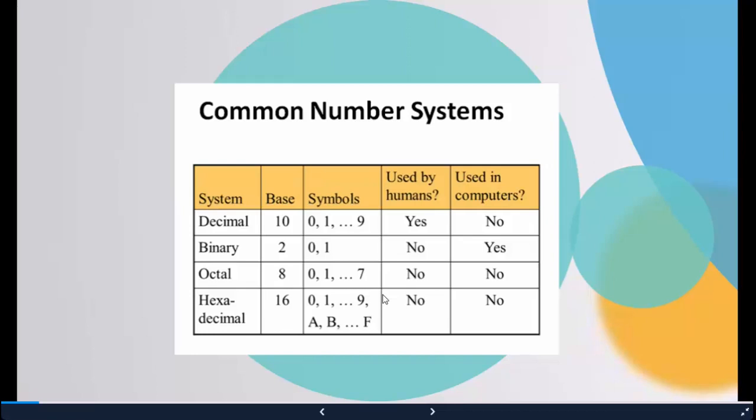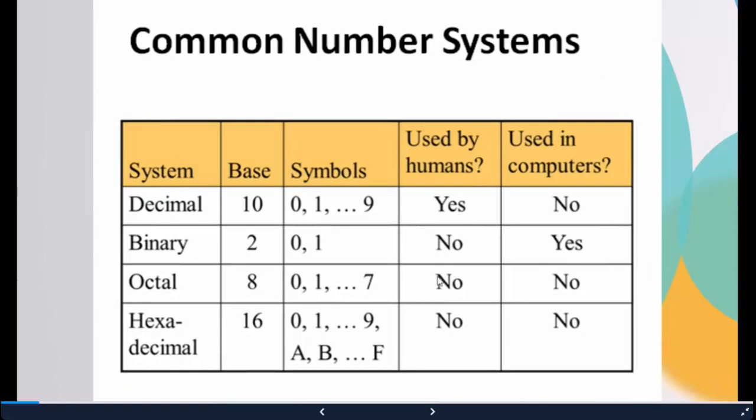So the question is, which numbers are used by humans? The only one used by humans is decimal. The others are no. How about computers? The only one used by computers is binary, or zeros and ones.